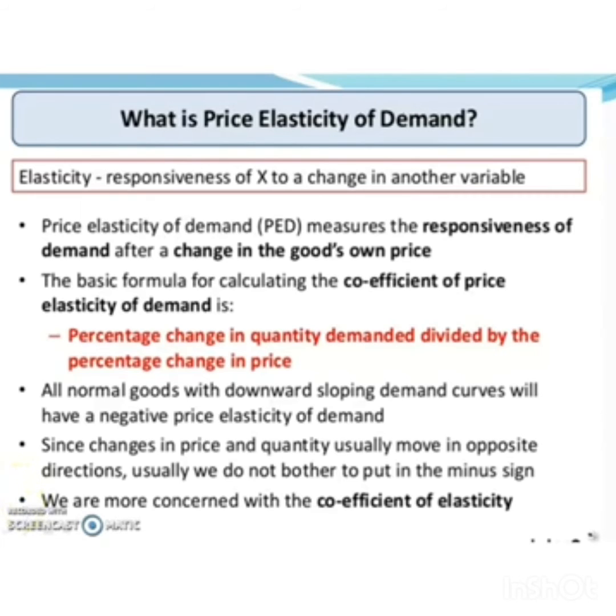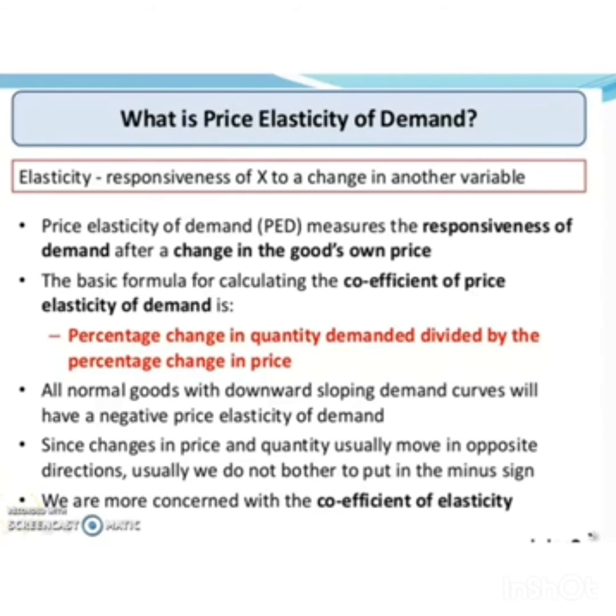Price elasticity of demand is an economic measurement of how the quantity demanded of a good will be affected by a change in its price. In other words, it is a way to figure out the responsiveness of consumers to fluctuations in price.